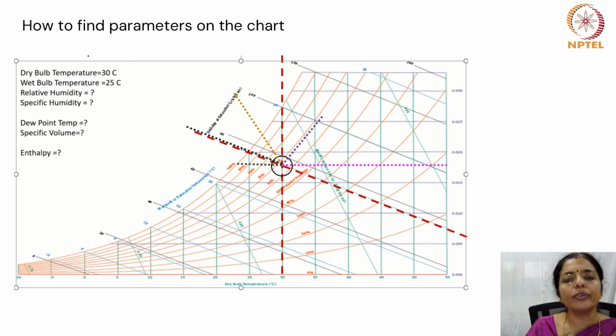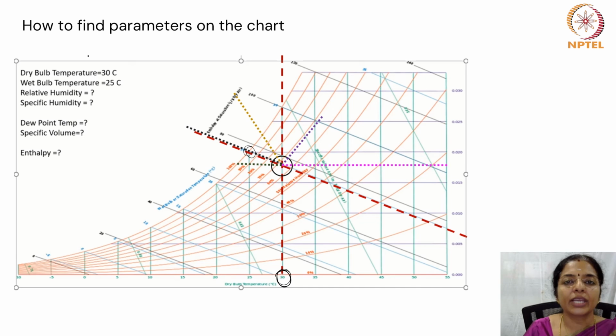Now, how do we find the parameters on this chart? Suppose you have a dry bulb temperature of 30 degrees centigrade. You should mark the dry bulb temperature point here. And suppose the wet bulb temperature is 25 degrees centigrade, so 25 is here. You need to find the relative humidity, specific humidity, dew point and specific volume.